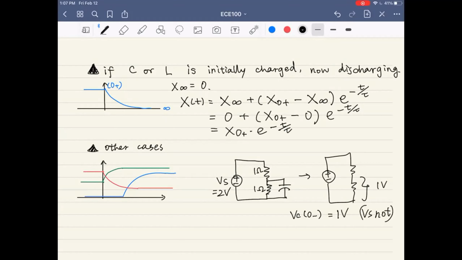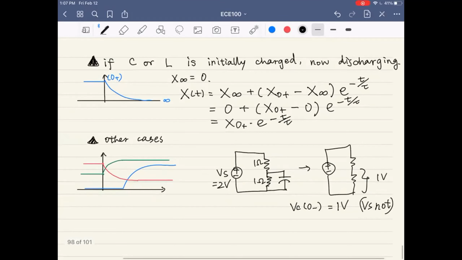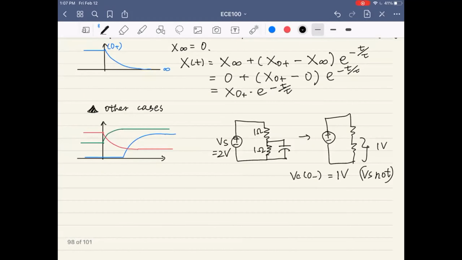Not Vs. So your initial value really depends on its initial situation in the circuit layout. We cannot always say that it is fully charged, so its initial value should be Vs. That is not correct. You need to analyze the original circuit a bit to get the result.